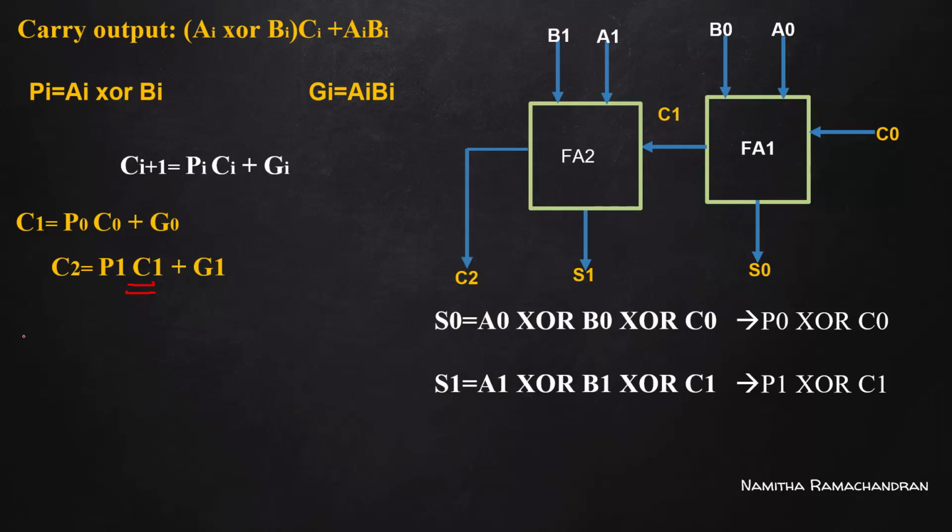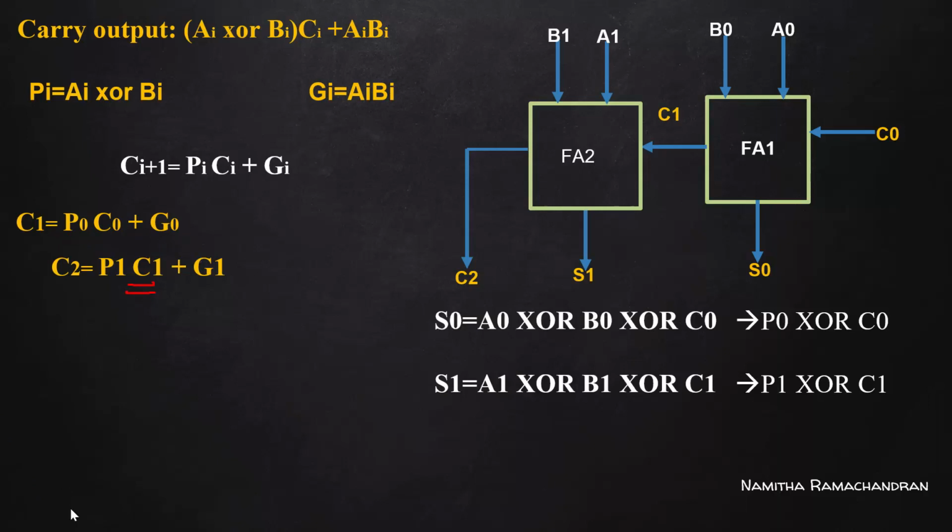That is, we are going to derive an expression for our C2 in terms of C0 instead of the C1. So here C2 is represented initially like this: P1 C1 or G1. Now we already have this particular expression for C1. So replace this C1 with this expression.